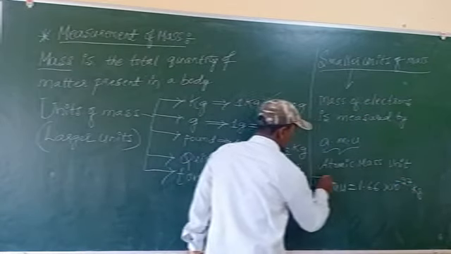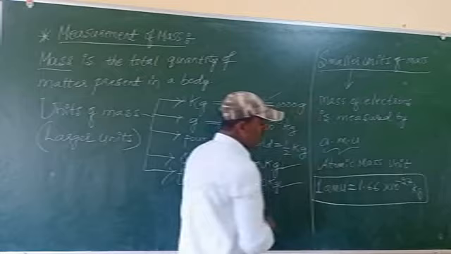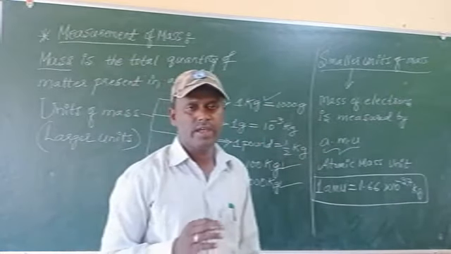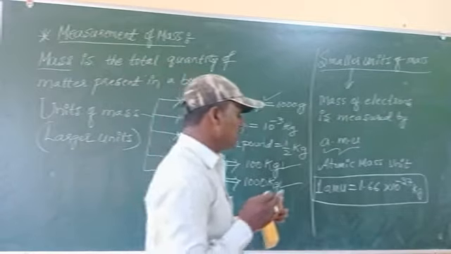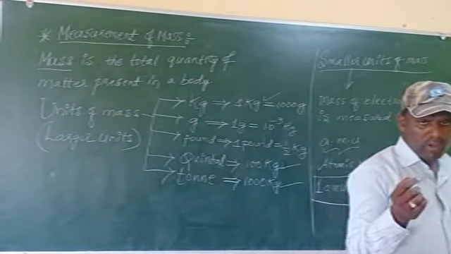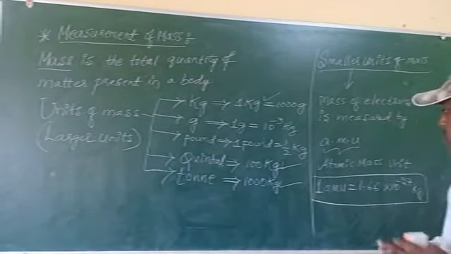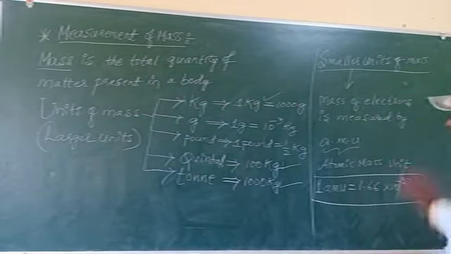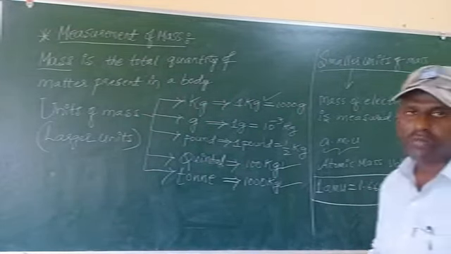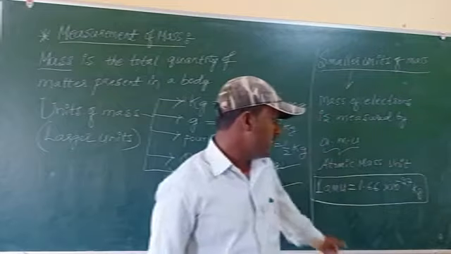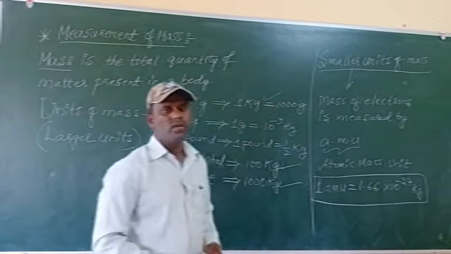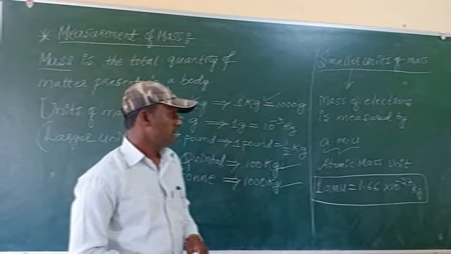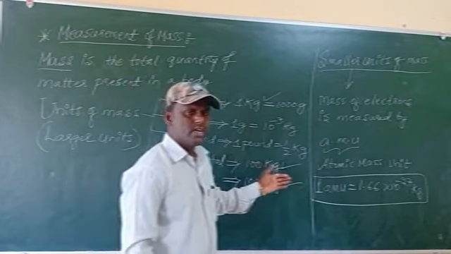See, here mass of an electron, mass of a proton, mass of a neutron, mass of smaller particles, they are measured by a unit called AMU. AMU means atomic mass unit, and its value 1 AMU is 1.66 into 10 to the power of minus 27 kg. Here what is 1 AMU means?